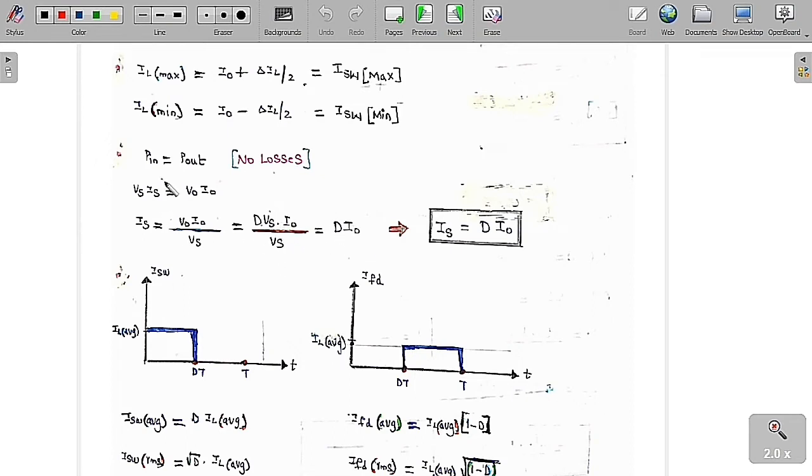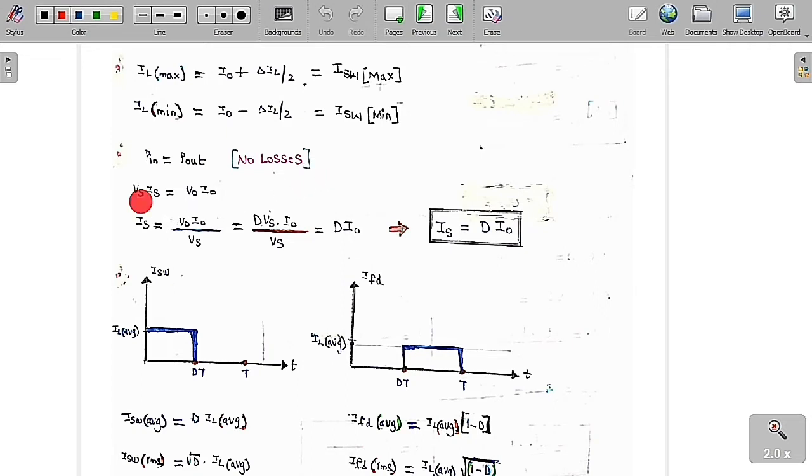Listen carefully: the input power is equal to the output power, so Vs average into Is average is equal to V naught average into I naught average. I have already assumed that all the devices are ideal, so there are no losses in the devices.